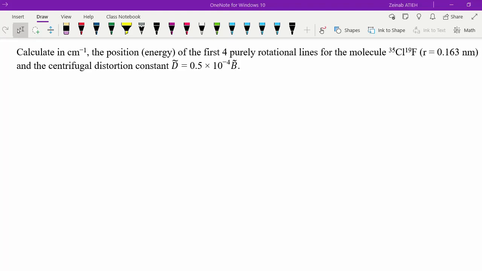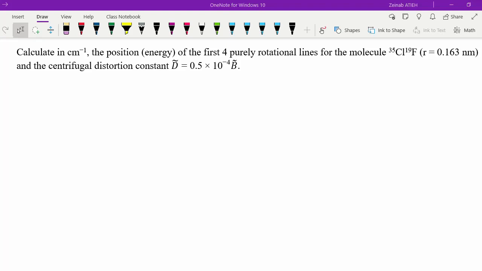To find these lines, we have to start thinking about the spectral term. The spectral term depends on B bar and D bar. If we write the expression of the spectral term and then substitute J for 0, 1, 2, 3, 4, then we are able to find the difference between two consecutive levels.